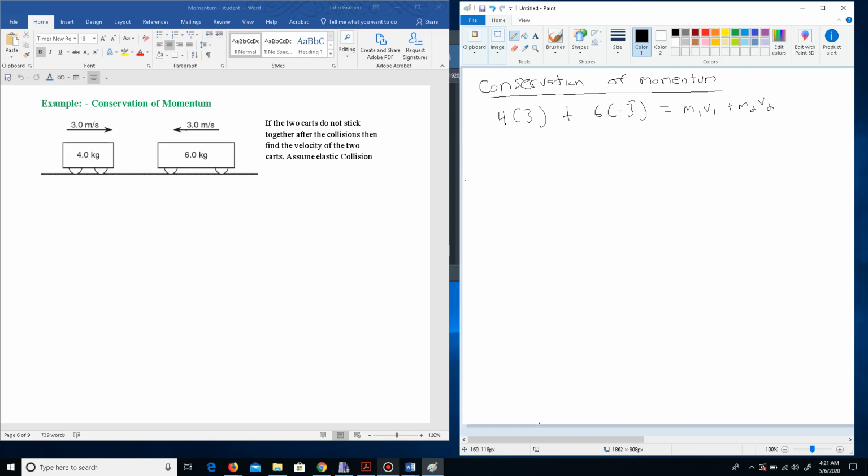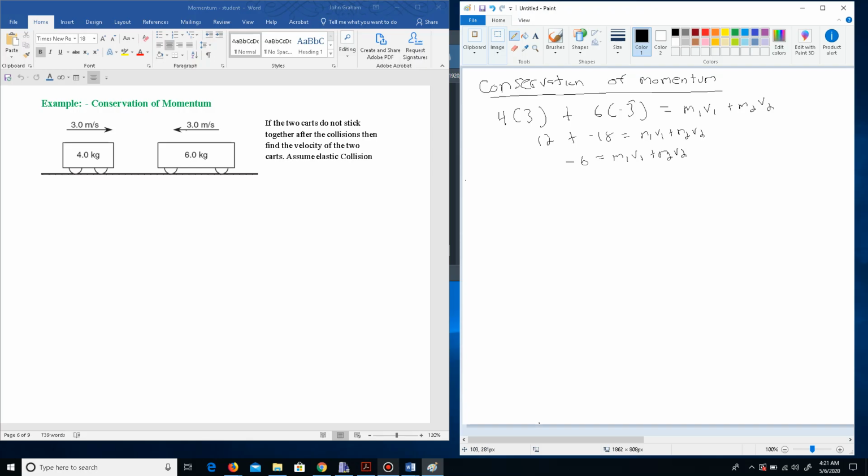Right, so we can say that this is going to be 12 plus a -18 equals m1 v1 plus m2 v2. So -6 equals m1 v1 plus m2 v2. So this is the momentum part.